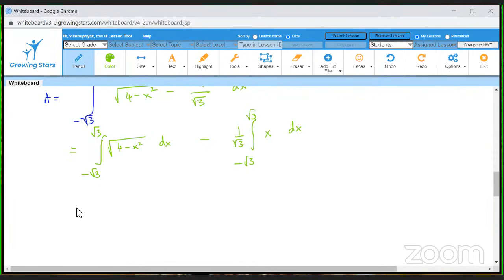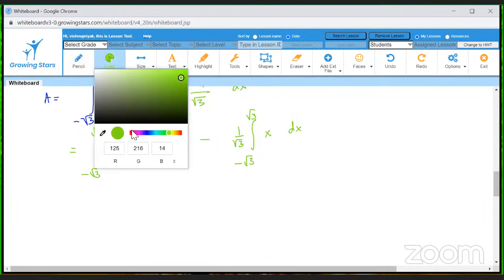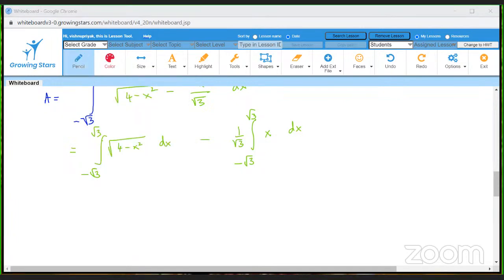Both the integrals are taken in a different manner. The second one is quite easy, but the first one is difficult. So how to do the first one? Square root of 4 minus x square, you have to go for trigonometric substitution.